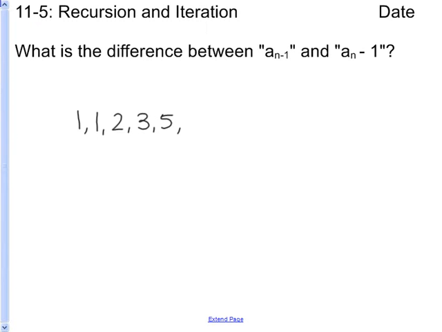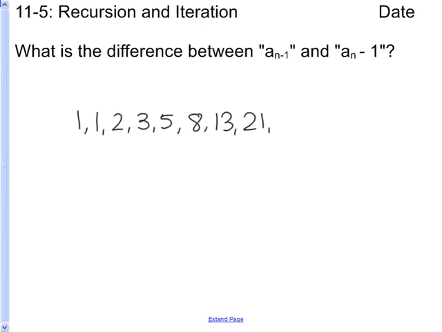Try to figure out what the next number might be. The next number is going to be 8. What's the next number going to be? 13. What's the next number going to be? 21.